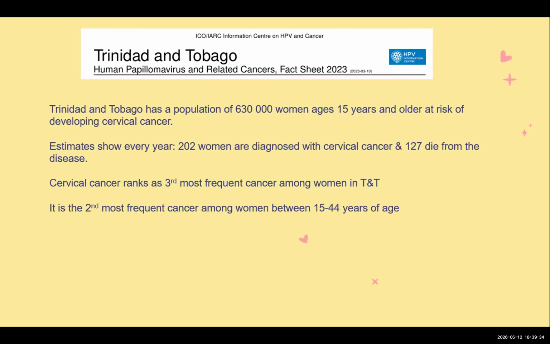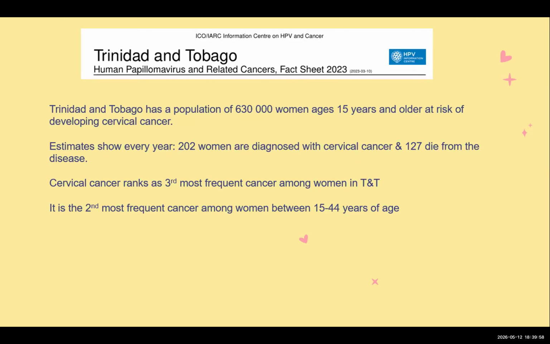So this data from the HPV Information Center highlights the Trinidad and Tobago human papillomavirus and related cancer fact sheet in 2023. It showed that Trinidad and Tobago back then had a population of 630,000 women ages 15 years and older at risk of developing cervical cancer.